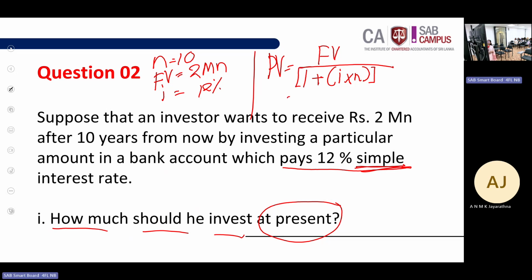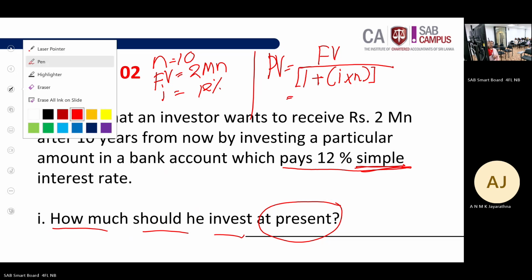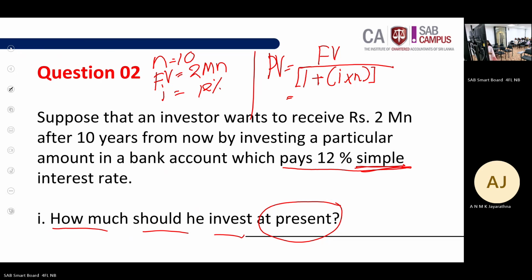So we'll apply it quickly. Future value 2 million, divided by 1 plus the interest rate 0.12 multiplied by 10.